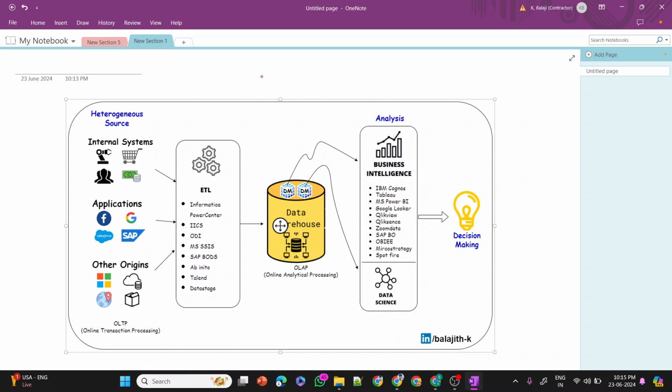Today we can see the overall data pipeline, like where it comes from and why it is needed, and by using that, what we should do to answer the questions that come across.